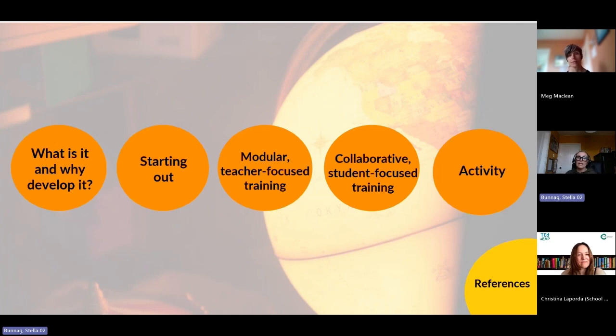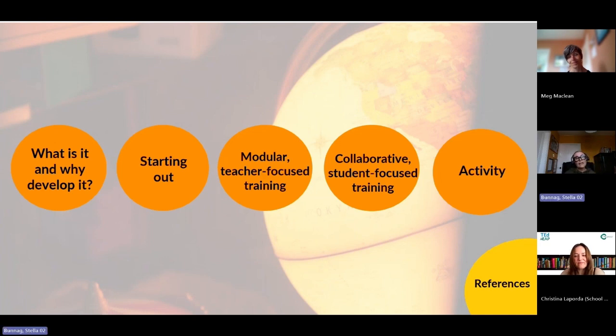And then we'll move on to Meg, who's going to talk about introducing intercultural communication teacher training and some of the research needed, needs analysis and relationships that need to be formed.